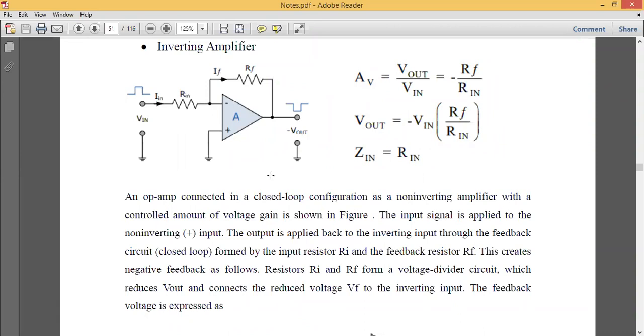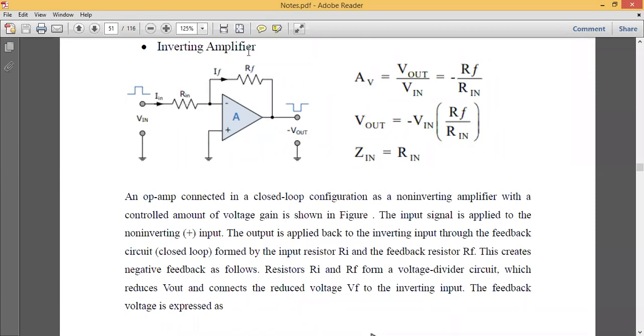Then the output is applied to the inverting input through a feedback, that is nothing but your loop. Then we basically have two resistors, one called Rin, or simply you can write Ri, which is the input resistance, and a resistance called Rf, which is the feedback resistance. This resistance and this resistance will form a voltage divider circuit.